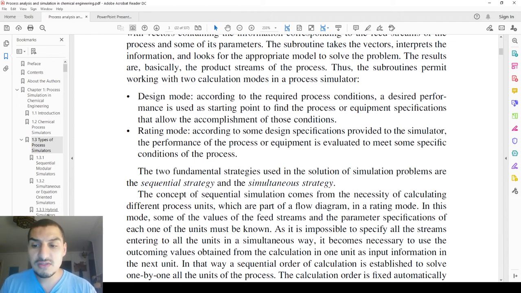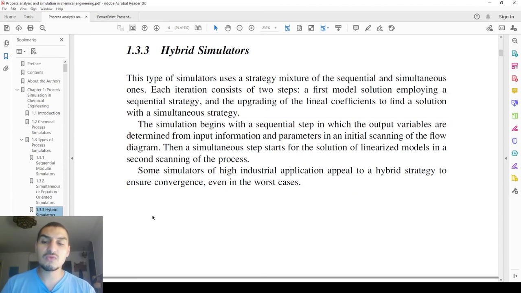In some cases, they use what's called the hybrid simulators, or the hybrid strategy. And in this strategy, the software picks part of the flow sheet to be solved as sequential, and part of the flow sheet to be solved as the equation based, or the simultaneous.